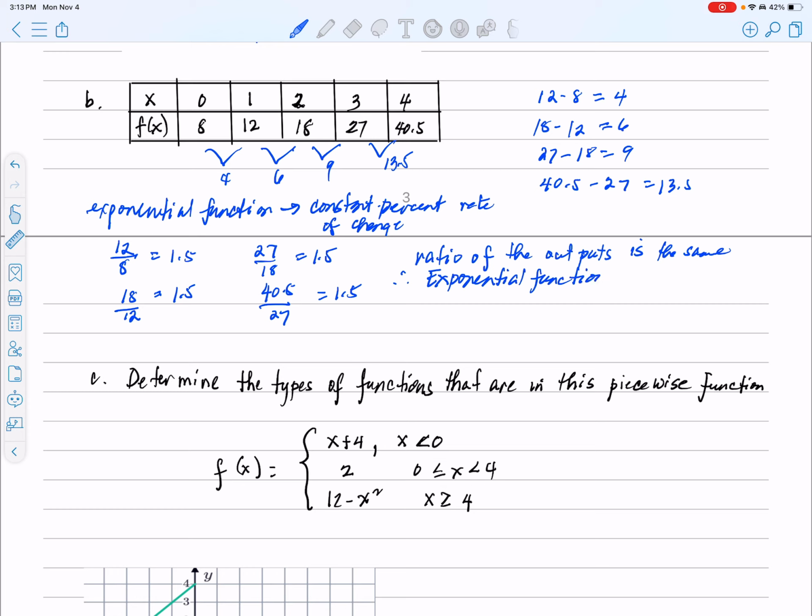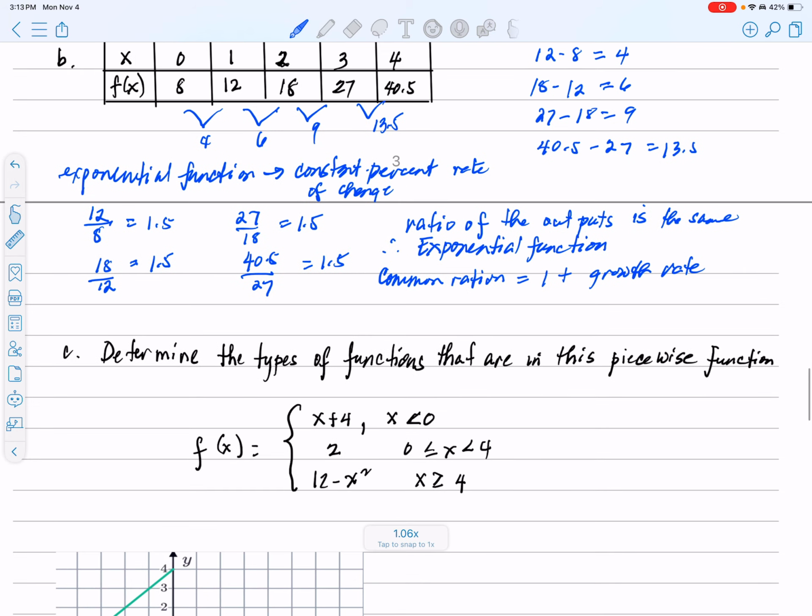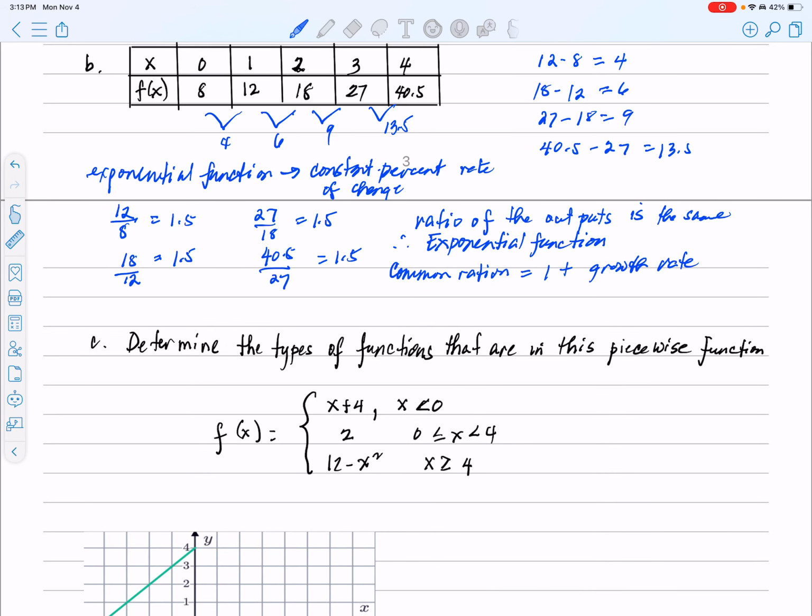Okay, let's check if this is really an exponential function. Now, actually, the common ratio here is equal to 1 plus the growth rate, if you remember in the exponential function. So, which gives us a decimal growth rate.